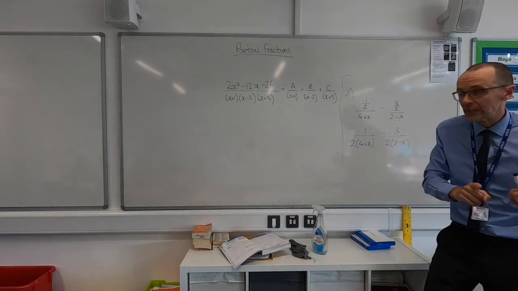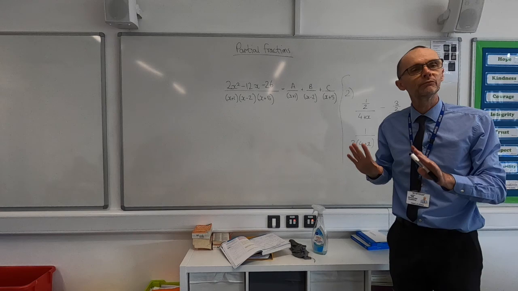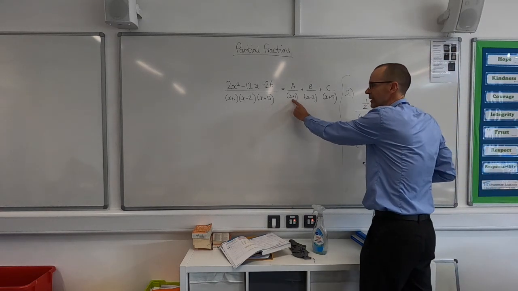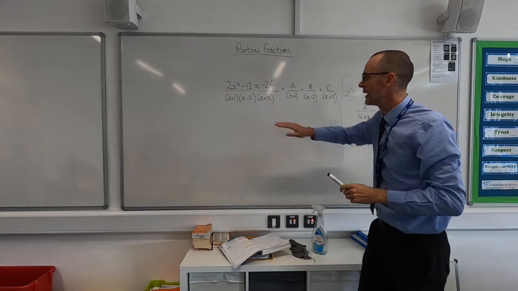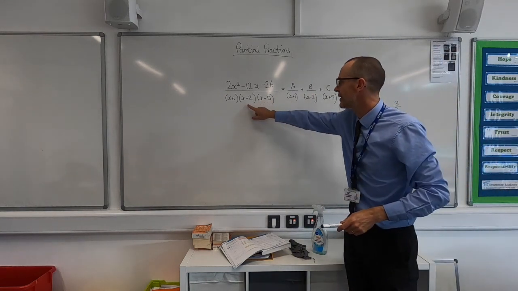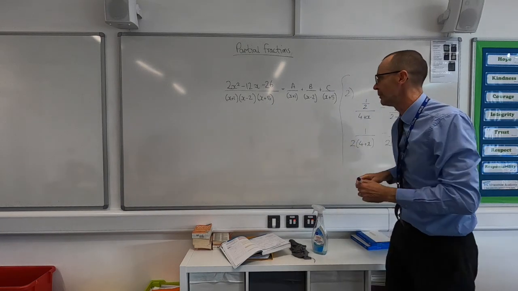Now this next step is a little bit more involved. I want a common denominator, so I'm not going to write it as individual fractions, but if I wanted this fraction to have the same denominator as this fraction, I need to multiply by this and this. And if I multiply the bottom by that, I'd have to multiply the top by that.